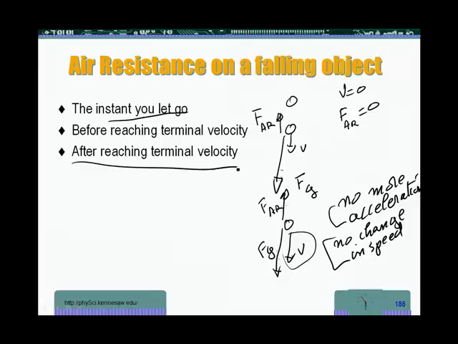Once we reach terminal velocity, there is no more change in the velocity, and because of that, there is no more change in the air resistance force. So the air resistance force is going to continue at the same value that it reached the instant we reached terminal velocity. And remember, that value is actually the value of the weight that it just got to balance.